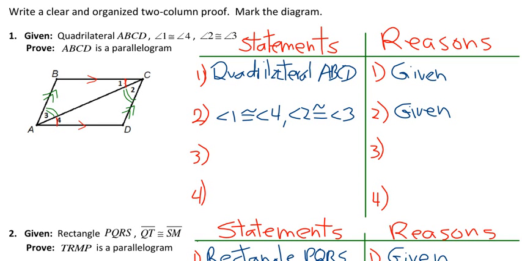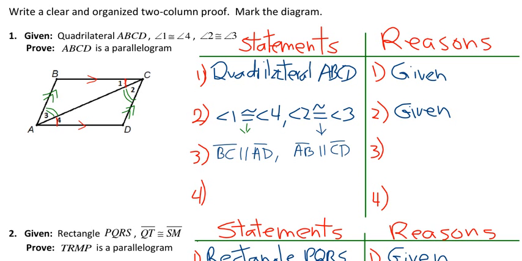So we got that because angle 1 is congruent to angle 4, BC is parallel to AD. And because angle 2 is congruent to angle 3, we got that AB is parallel to CD.